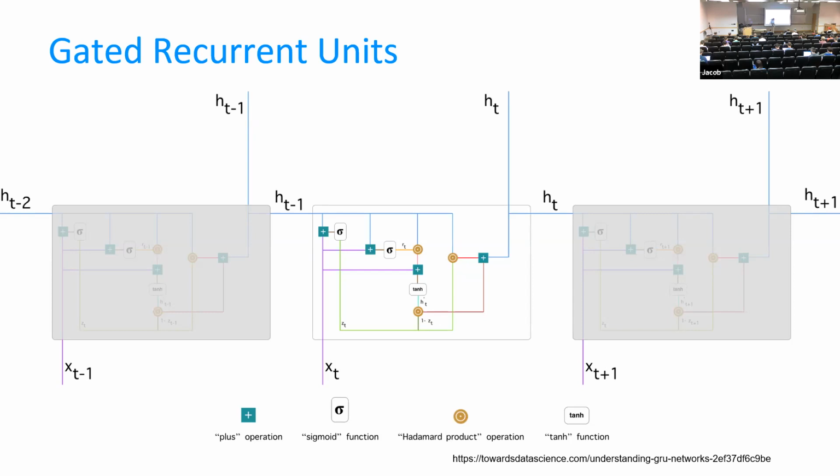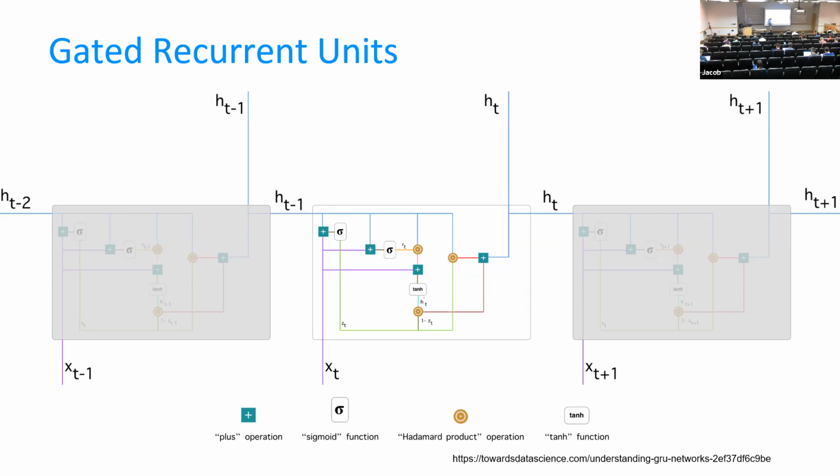This diagram is a little difficult because it's not completely apparent which way the lines are going. But okay, this first sigmoid on the left is both our remember and our forget gate.